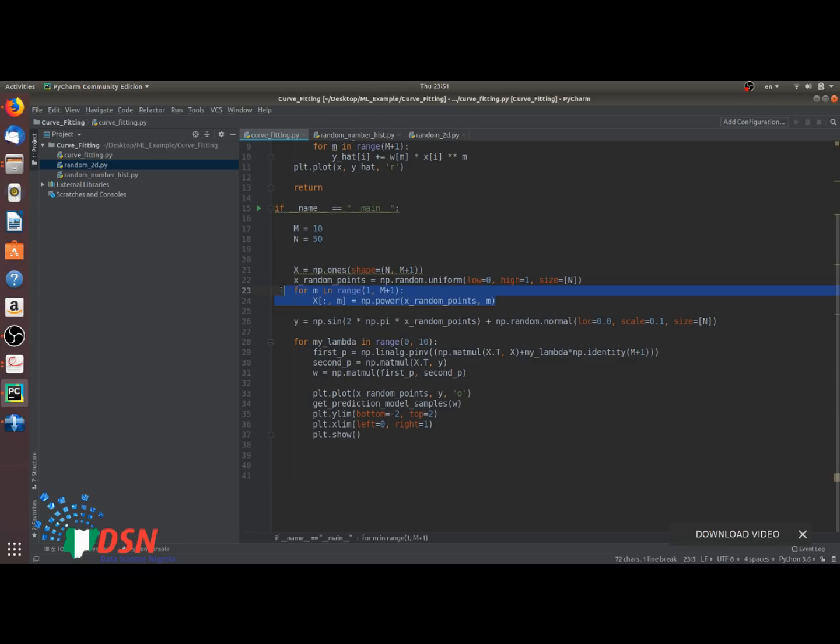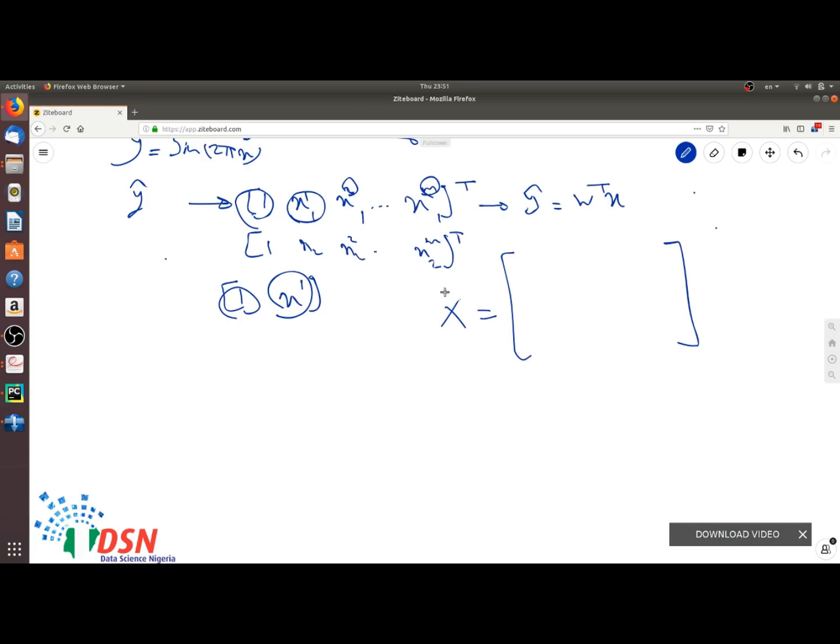so we fill that matrix, and then we calculate y, which is the sine of 2 times pi times our random points plus a random noise. If you remember, our example was sine of 2 pi times x plus a random noise. This is epsilon, and the epsilon comes from a Gaussian distribution with 0 mean and variance of sigma squared.